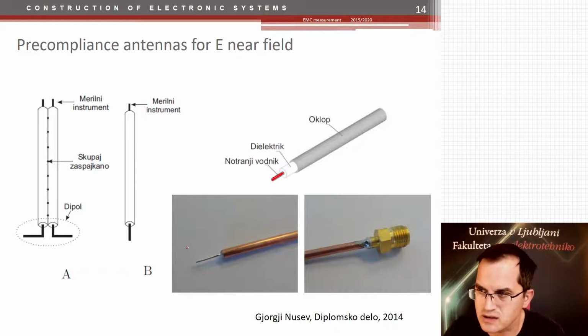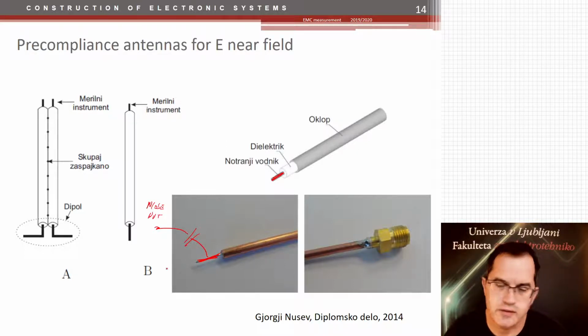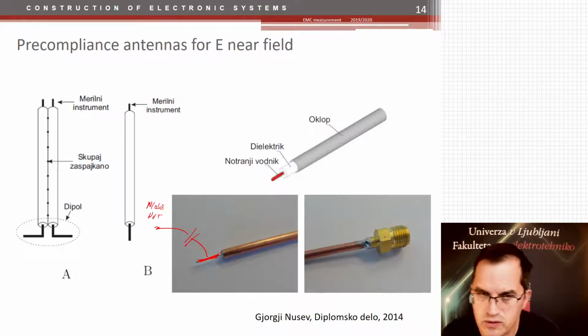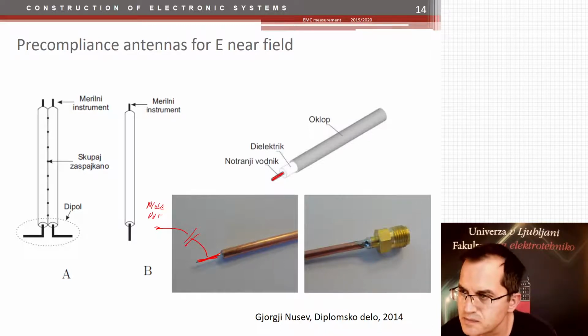So this coaxial cable has this middle wire sticking out of it, and here you have a capacitance then towards the noise source, towards the device under test. So this is then transferring electric field to the tip, and then it will be guided towards the oscilloscope or the spectrum analyzer. You can do it at home.